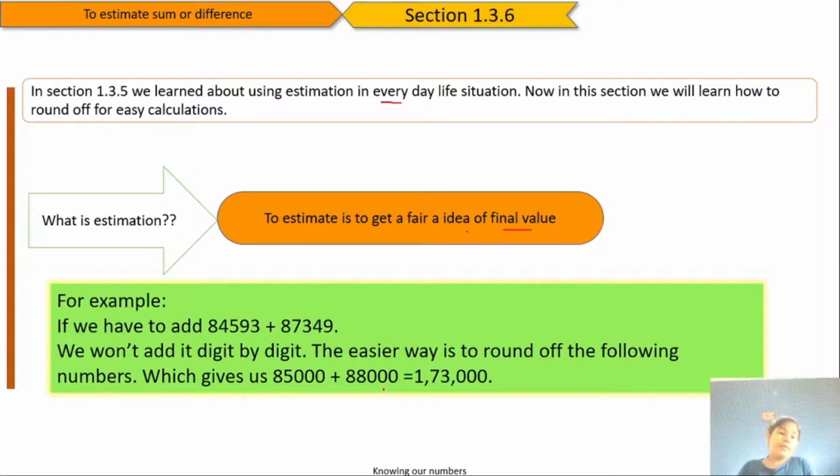But if you would have estimated it at tens, the answer would be different, not the same. It depends on you. Do you want to estimate it to the nearest 100, 1,000 or tens?